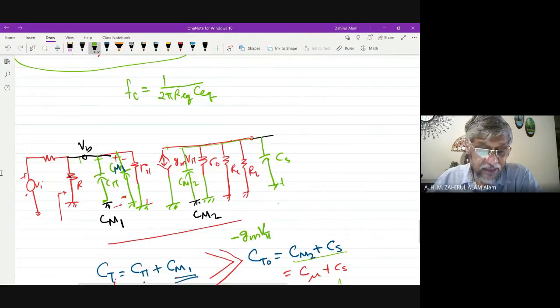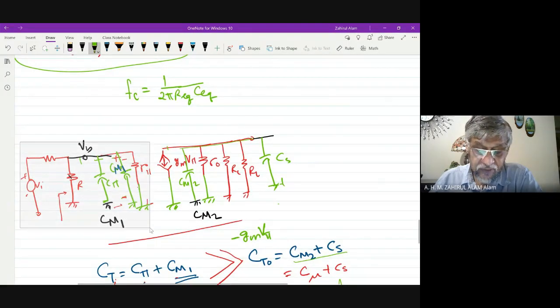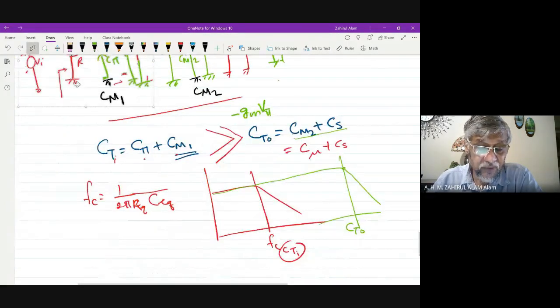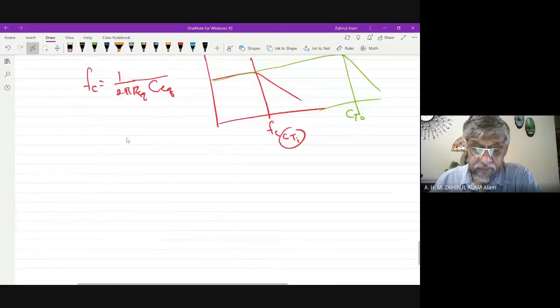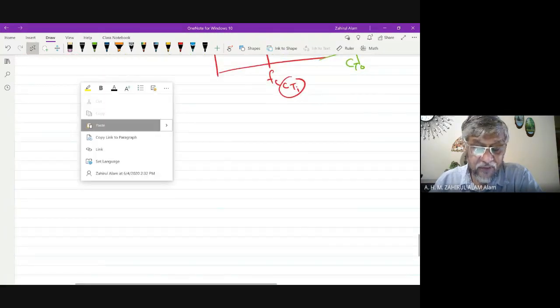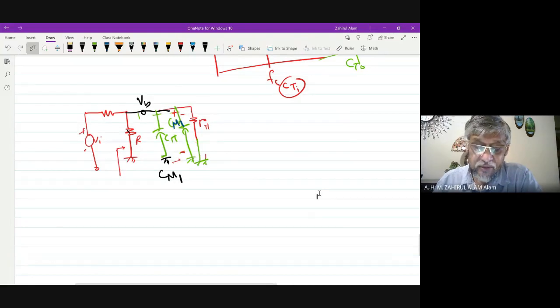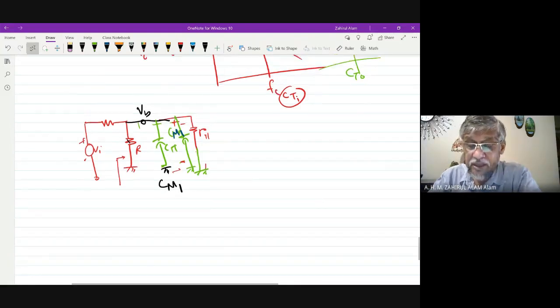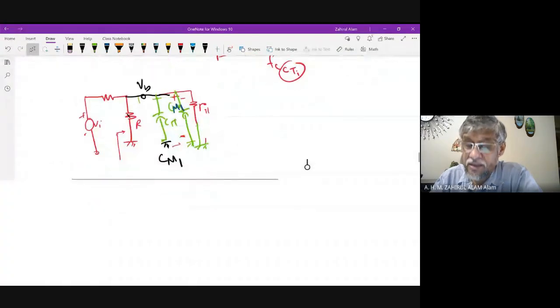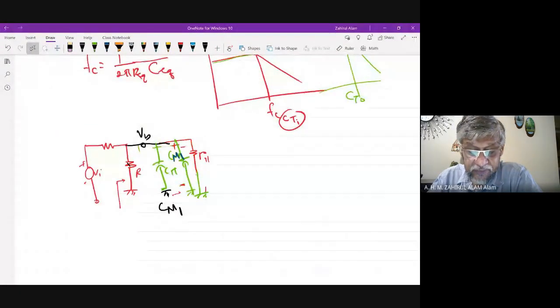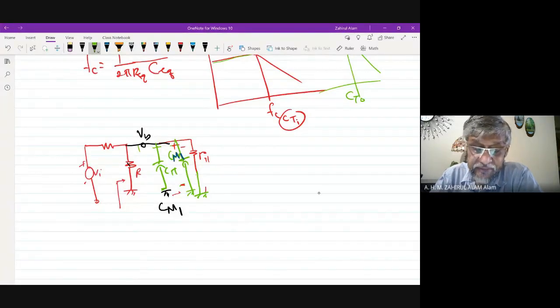What is the input side? So for high frequency behavior, we need to consider only this input side in order to find the corner frequency. Now, can we find the corner frequency for this particular case?